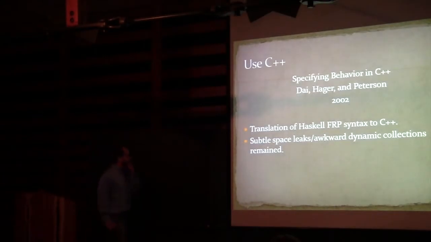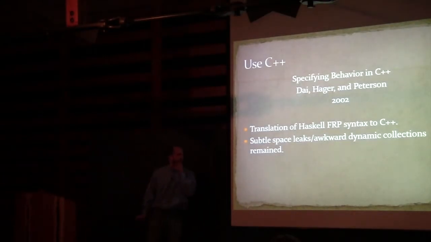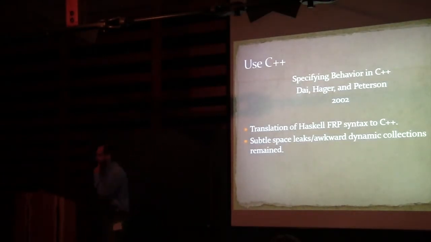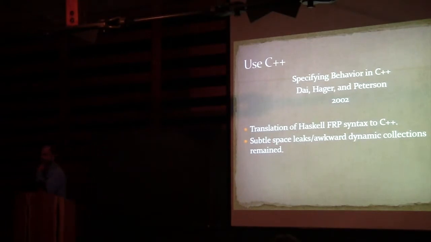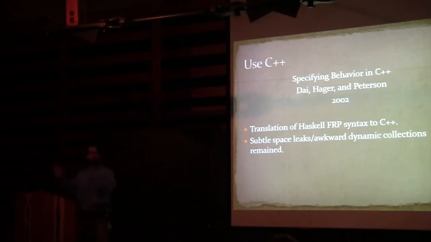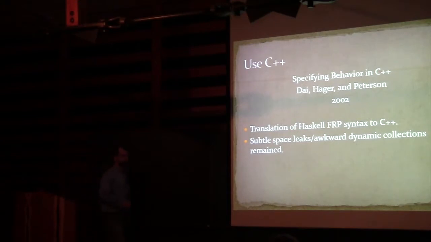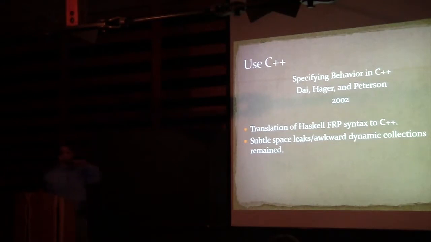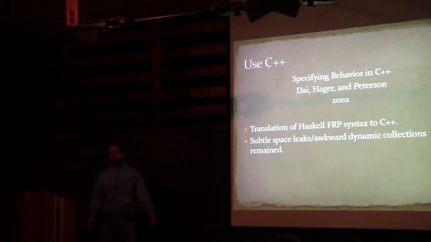So someone already did that. And the subtle space leaks and the dynamic collections awkwardness still remained. Oh, crap. What they did is they just took the Haskell implementation and transferred it over to C++ directly, sort of like Bartosz did yesterday. And they ported over a lot of the problems.